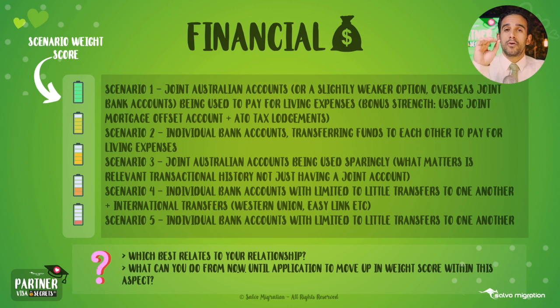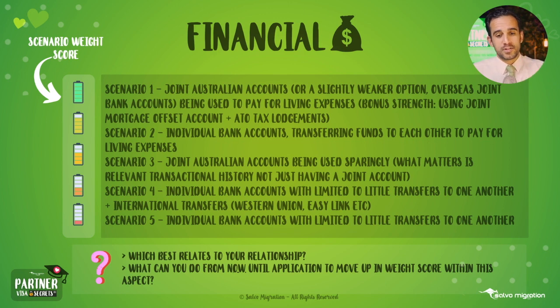Now that's quite common when it comes to certain, let's say, offshore-based relationships or relationships that are separated, but I wouldn't say that that's a safe scenario to be in if you're applying for an onshore application. You are together. You do have the option to open up a joint account here. So scenario 4 is where some couples are forced, that is what their financial aspects look like.